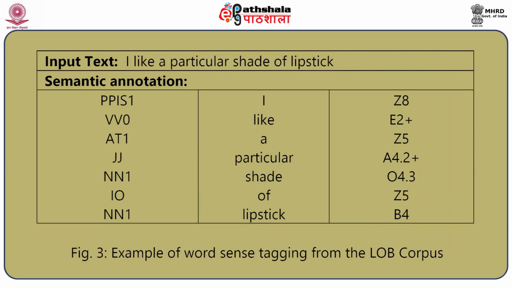So semantic annotation not only tries to identify that it is a noun, or that it is a person, it also wants to identify that this is working as a subject in the sentence. Suppose I say the car is running at high speed, or Delhi is 1000 kilometers away from Kolkata.